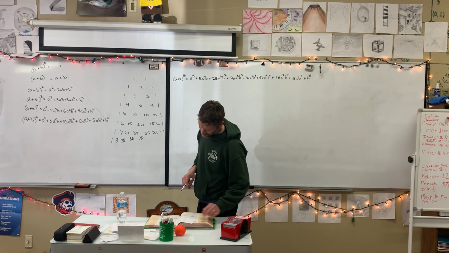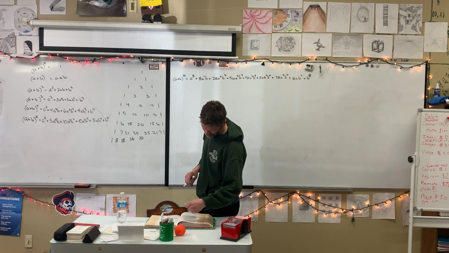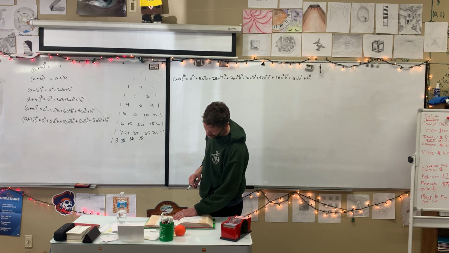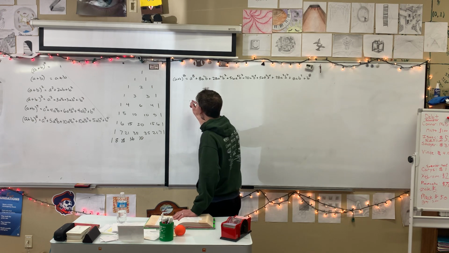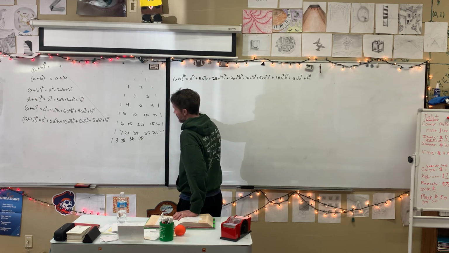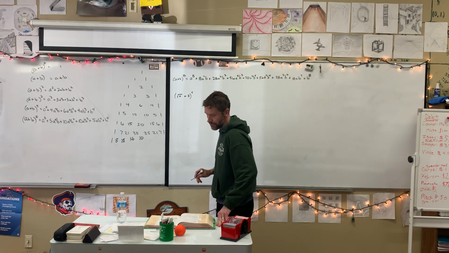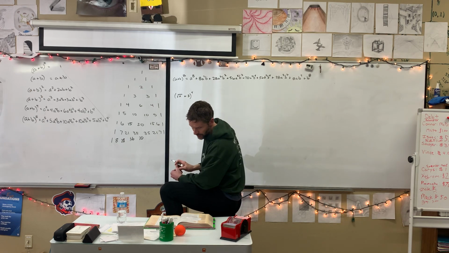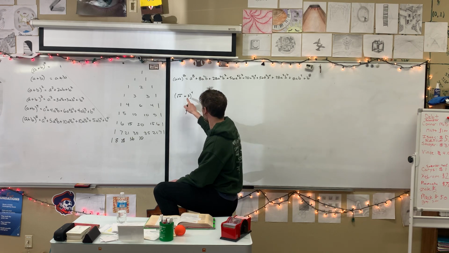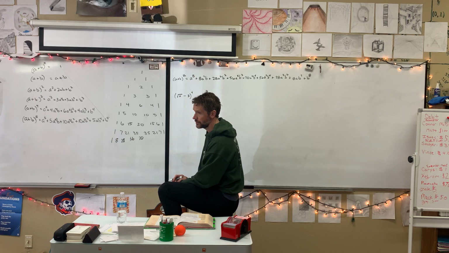It gets not necessarily really complicated, but it gets a little bit more challenging when we tack on something like this. Let's say we have the square root of x plus 3 to the 4th power. Actually, let's just go minus 3 so we can practice the minus portion in there too.